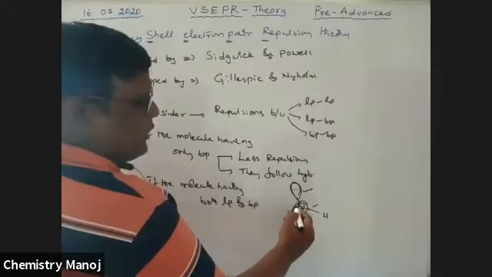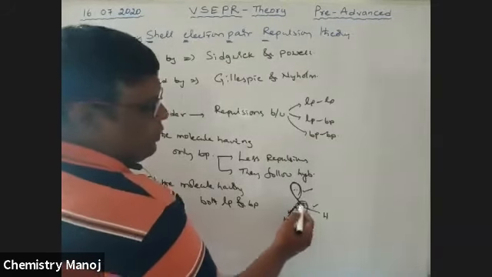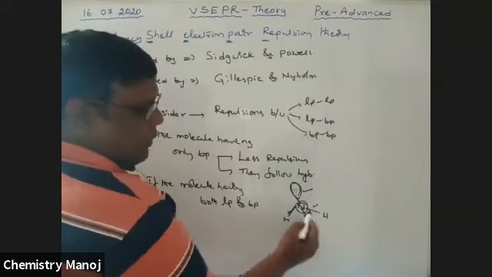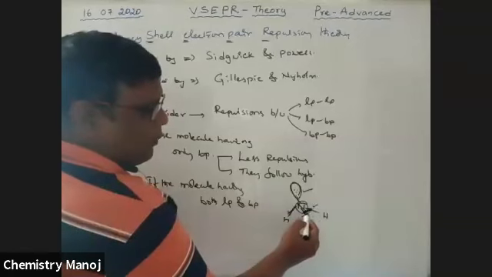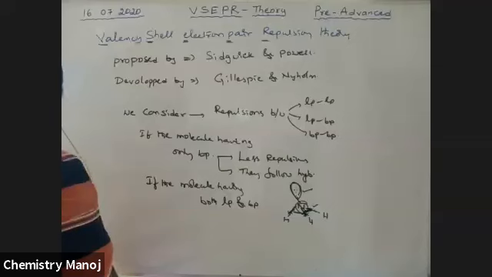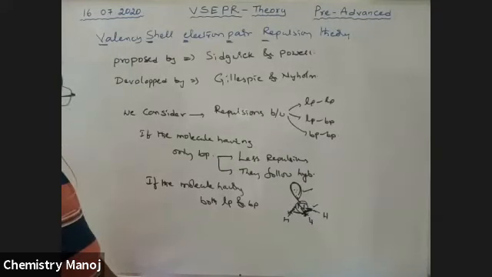This lone pair and this bond pair have a repulsion, each lone pair with each bond pair. Between them, bond pair repulsions are also possible. So here 2 types of repulsions exist: bond pair-bond pair repulsions and bond pair-lone pair repulsions.